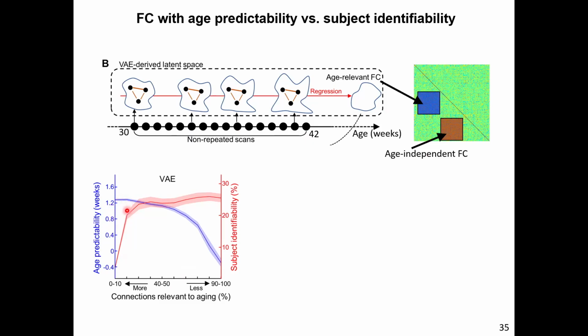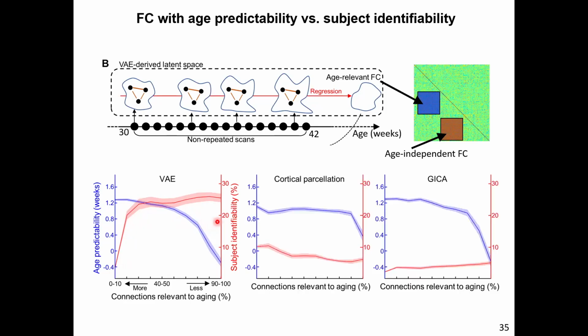However, you can see the subject identification accuracy was the lowest there. If we go to connections less relevant to aging, subject identification accuracy goes higher, but at the same time age prediction goes lower. We can see there is a very clear crossover between the age prediction performance and the subject identification accuracy.